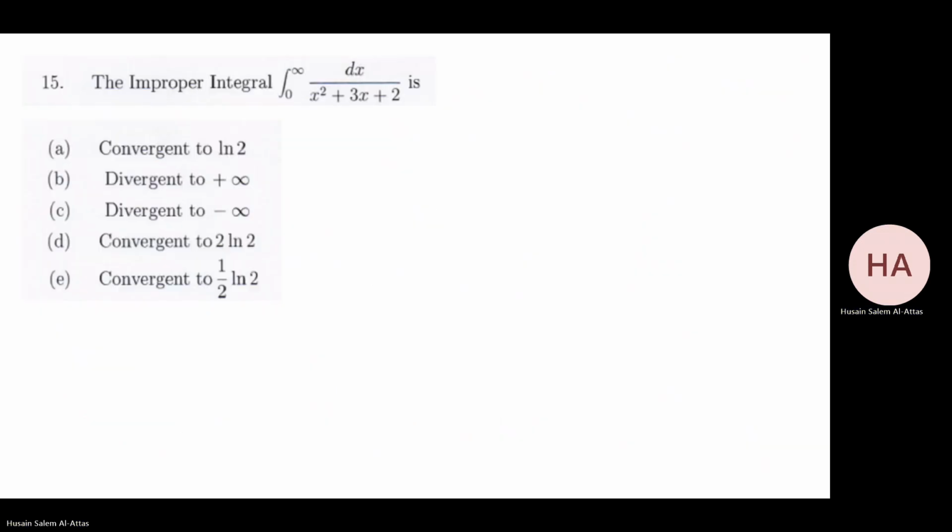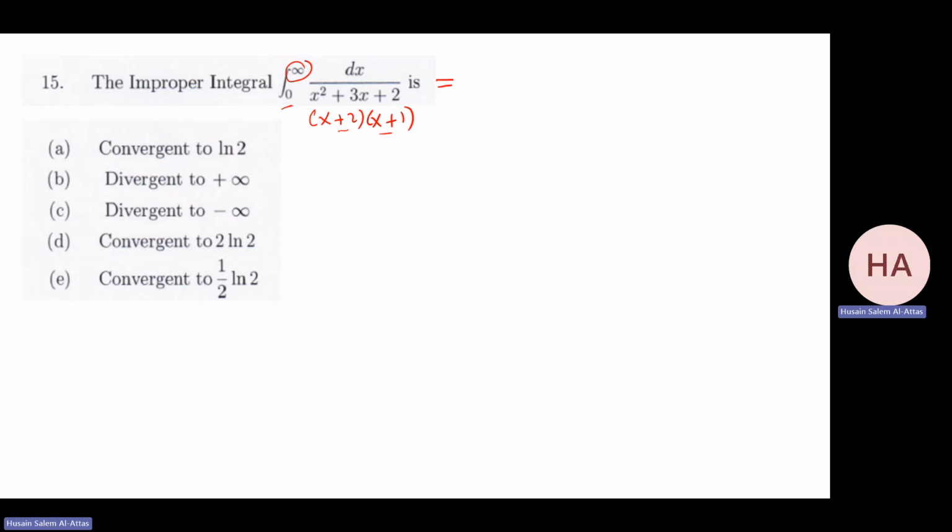Okay. This improper integral, we have a problem. The integrand is 1 over x plus 2 times x plus 1. I don't have a problem with minus 2 and minus 1, they are not in this interval. So I'm concerned only about the infinity.